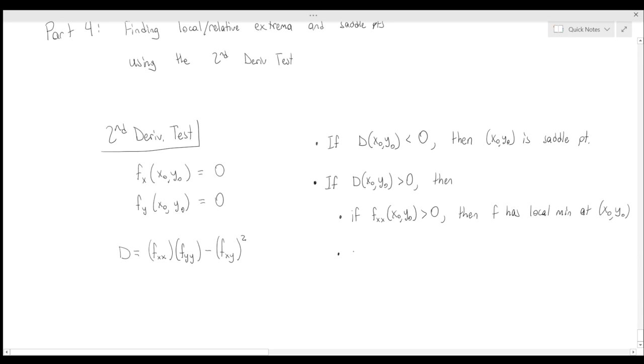But if D is positive, and then fxx turns out to be negative instead at the critical point, then your function will have a local max instead, okay?